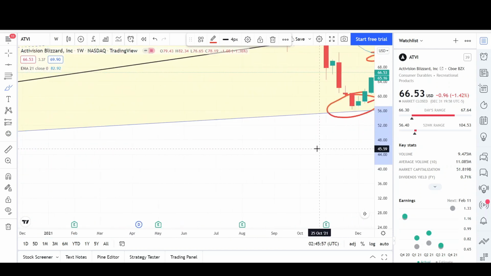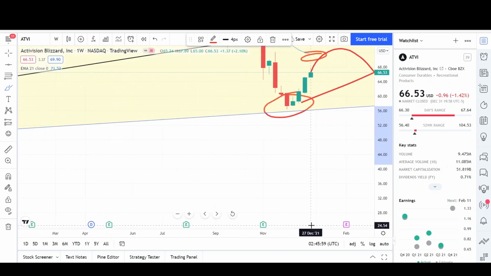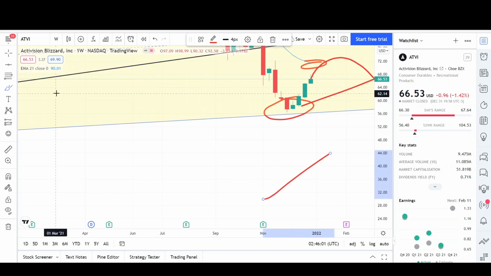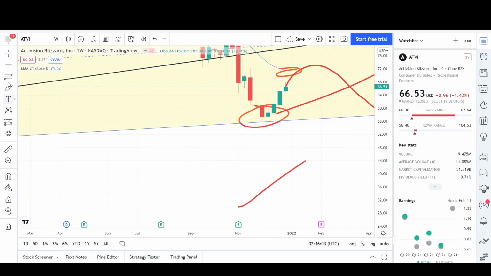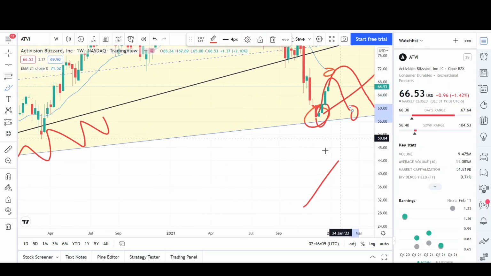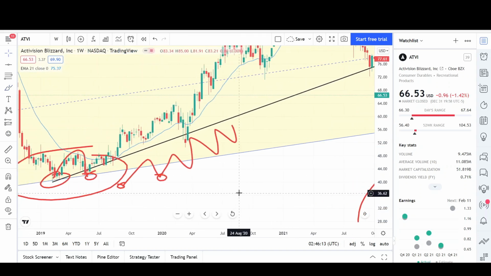So that's what I think is going to happen right here. I think we might see the same pattern play out. You see that we got the new low, but I think we might get a higher low somewhere over here. Maybe something like that. You gotta wait and see, but that's what I think is gonna play out.